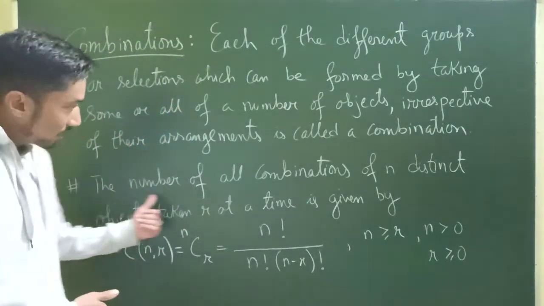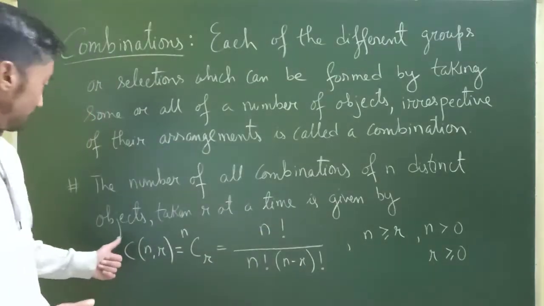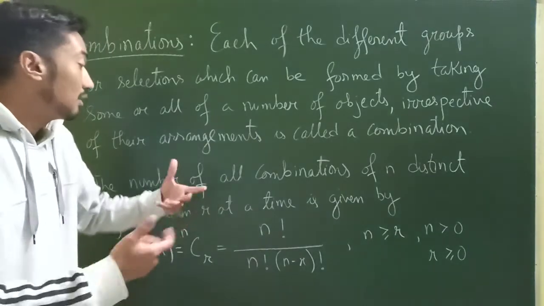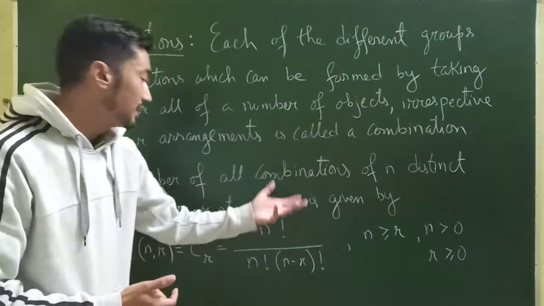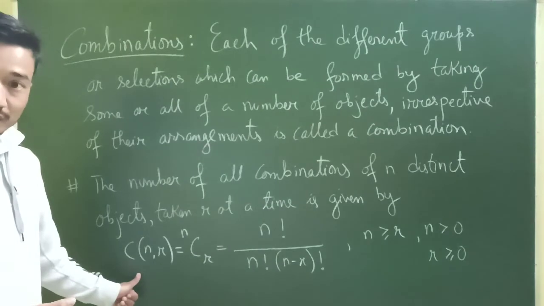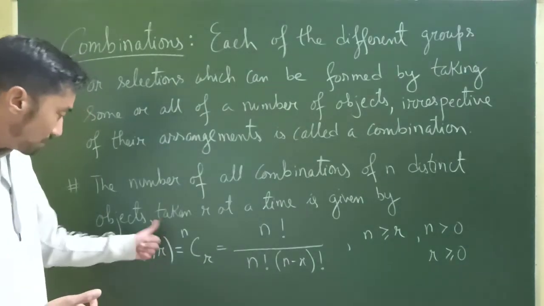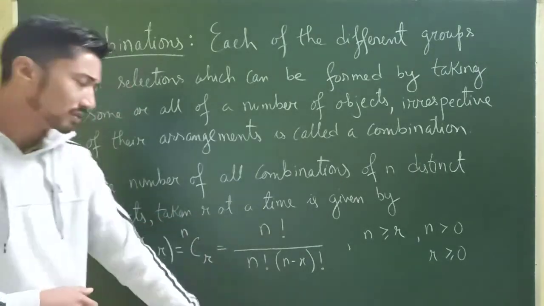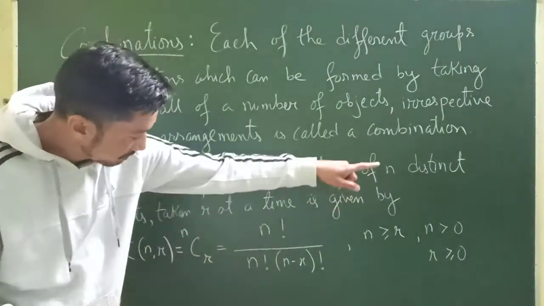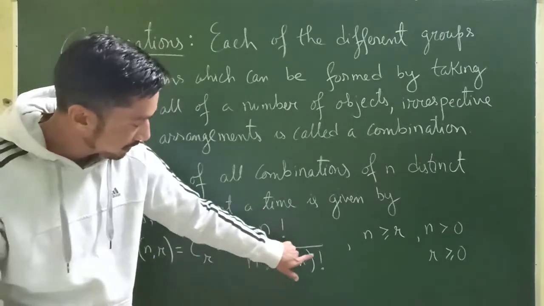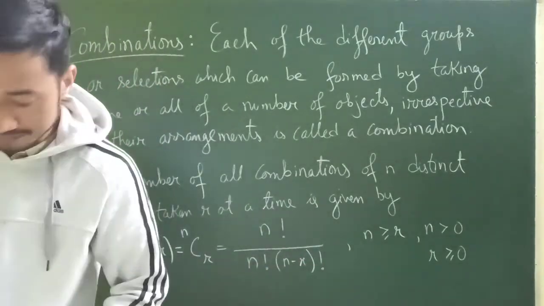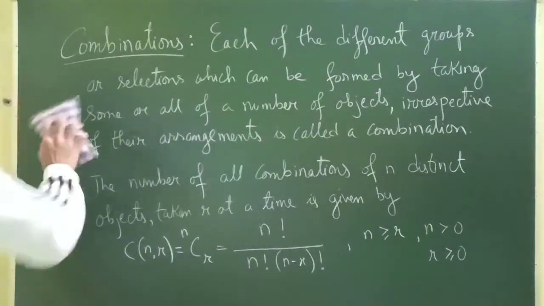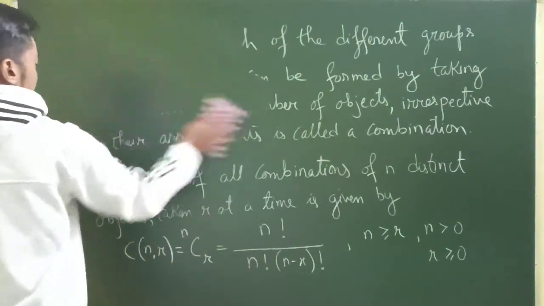Formula-wise, the number of all combinations of n different, distinct, unique objects taken r at a time is denoted nCr, and nCr is equal to n factorial upon r factorial into n minus r factorial, almost similar to the permutation formula. I think you have taken a note of this.